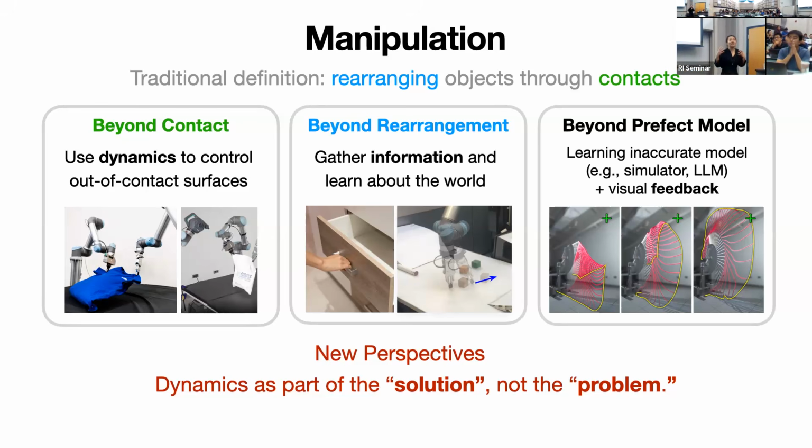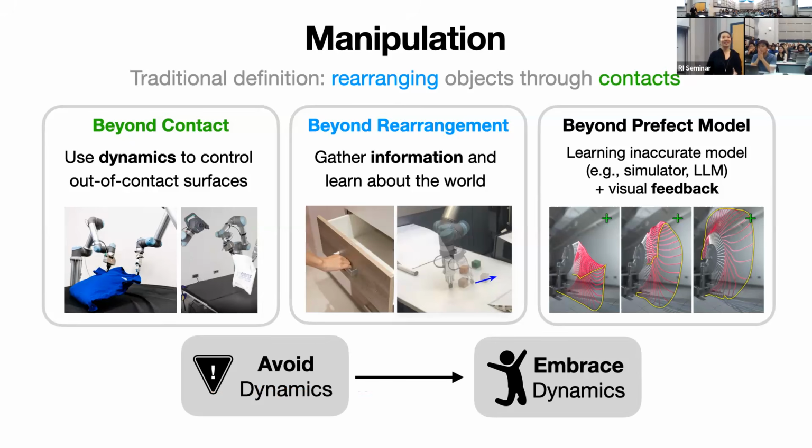Oftentimes it's impossible or not necessary to have a perfectly accurate model, but instead we can make use of inaccurate physics models or simulators and combine them with visual input to achieve precise and adaptable manipulation. And finally, I really hope that all these examples can encourage us to rethink the way that we design robotic systems in general. Instead of avoiding dynamics, I really hope that we can start to embrace dynamics.